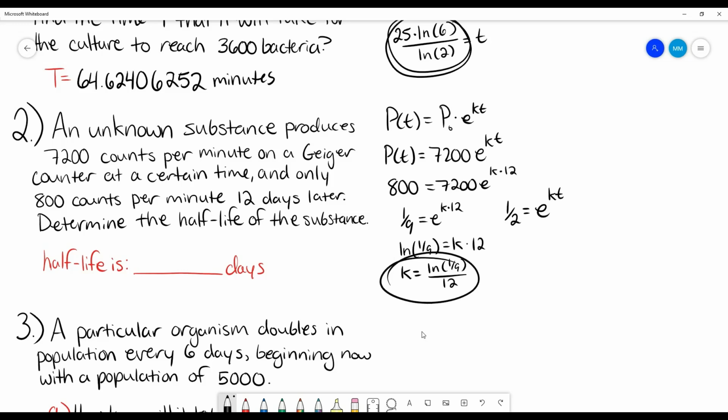Anyway, we know our k value, so I can plug that in up here. So it's going to be natural log of 1/9 divided by 12 times t. And now I just need to solve for what t is, because remember, e is its own number. So now I'm going to take the natural log to isolate up here.